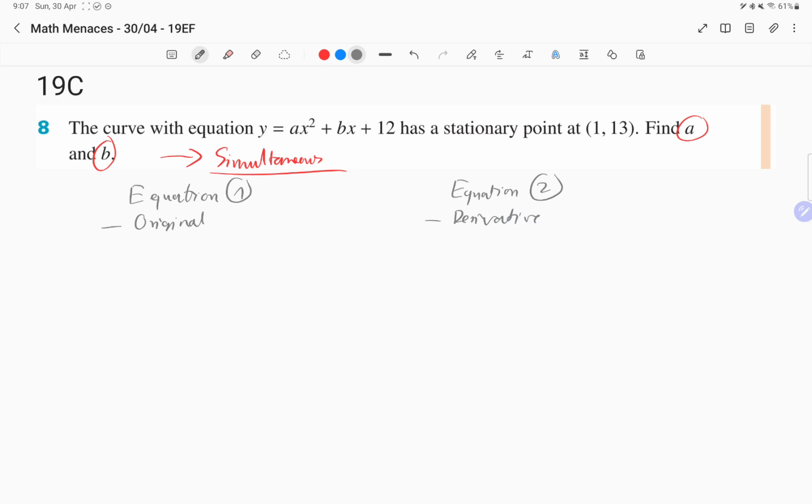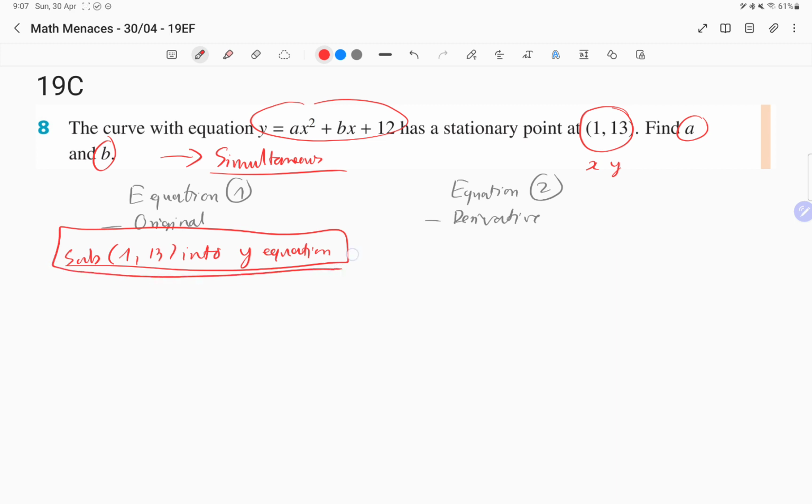So let's see how we can use the original formula. We've got this formula here, and we have a point. When we have a point, that's the x and y coordinate. So you just sub the point 1, 13 into the original equation, the y equation, just y. Write this line. I recommend you write this line so that you're telling yourself what you're doing.